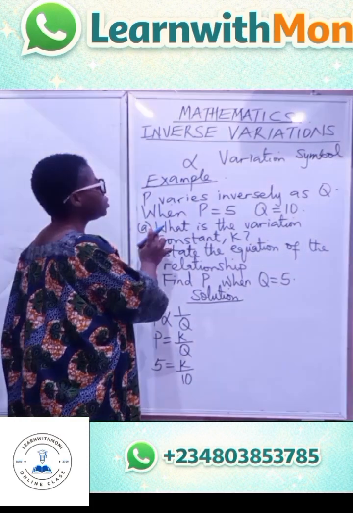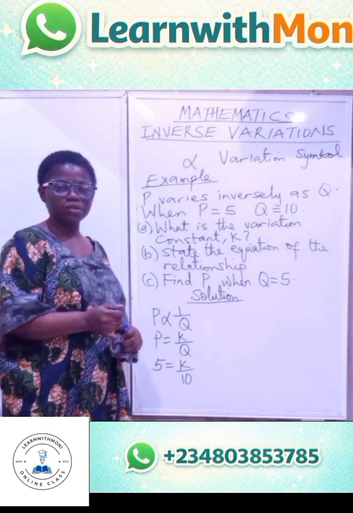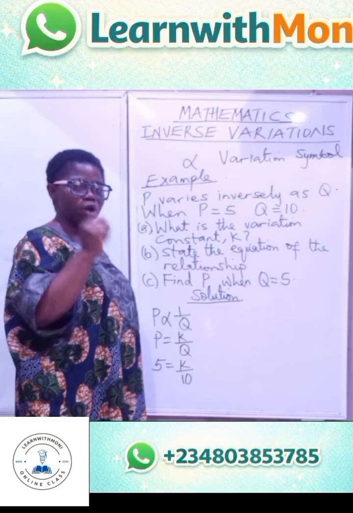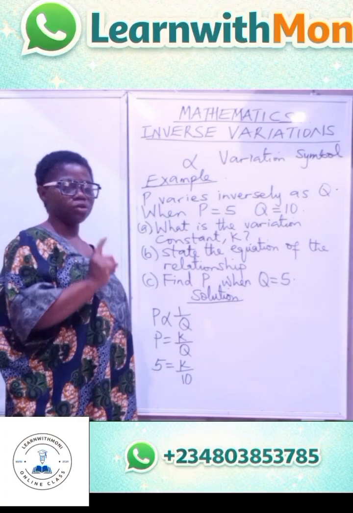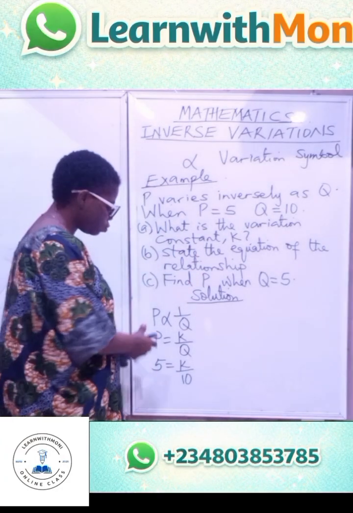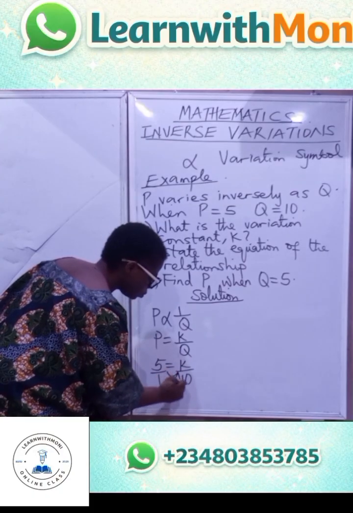Our first question is asking us to get the variation constant. Whether there is a question that asks you to get the variation constant or not, you must get it because it is actually the key to whatever you want to solve on this question. So let us cross multiply to get the variation constant.